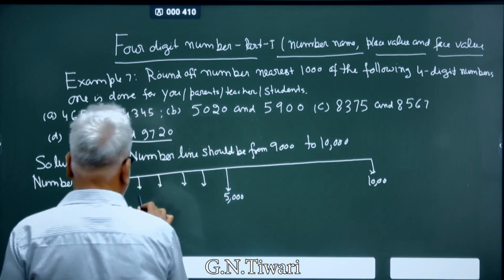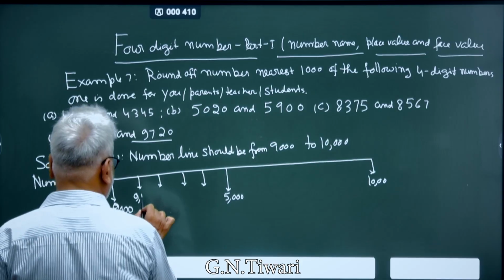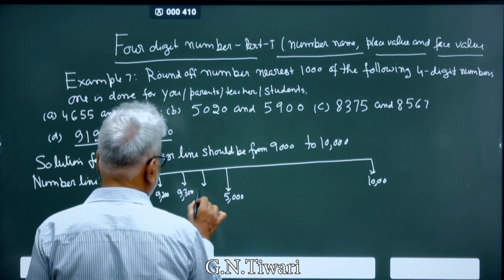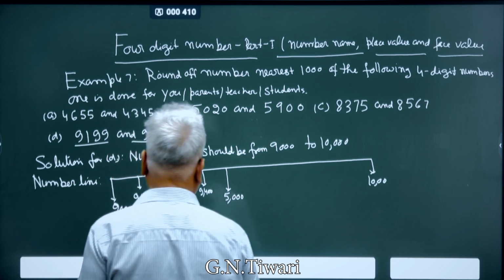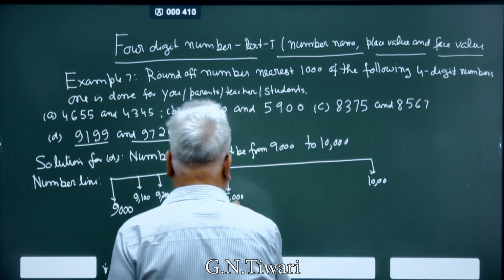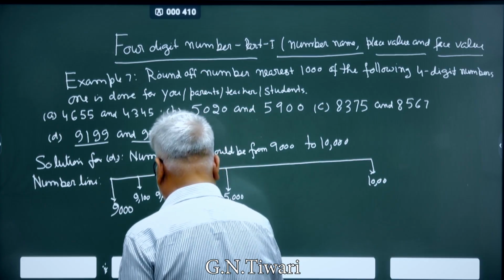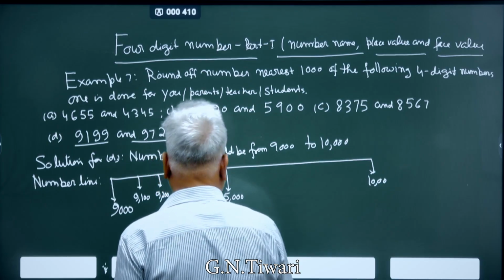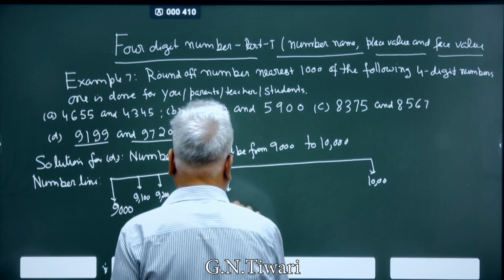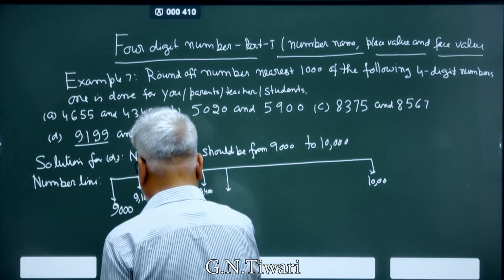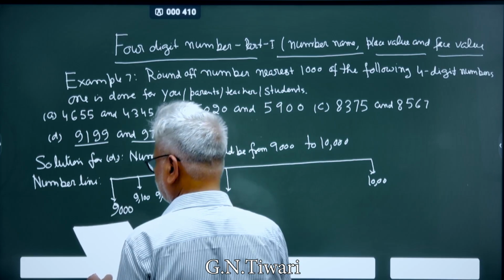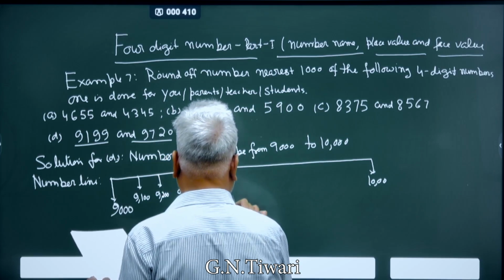So write 9,100, 9,200, 9,300, 9,400. नहीं 9,000 और ये 9500 होगा. बाई मिस्टेक आई हैव रिटन 5000 बिकॉज देयर इज नो क्वेश्चन ऑफ 5000. ये आपका ये गलत यहाँ पर हो गया है. 9000 और 5000, तो यहाँ पर हो जाएगा 9500.